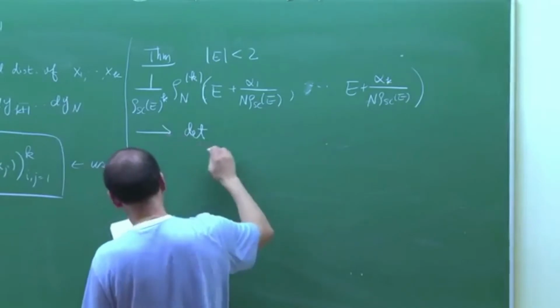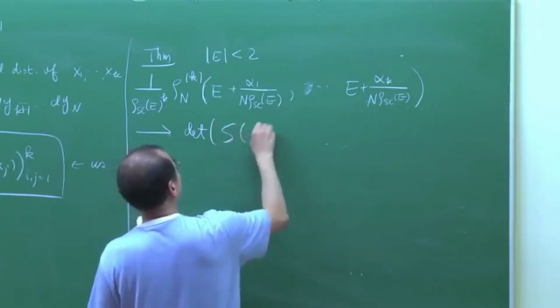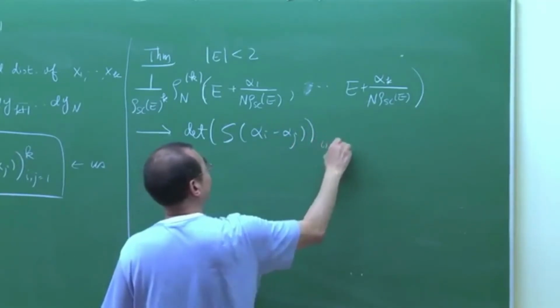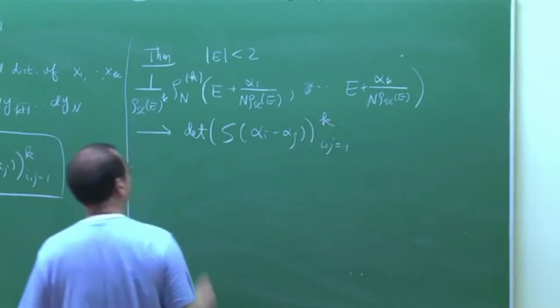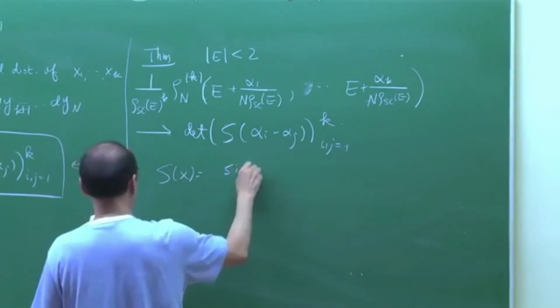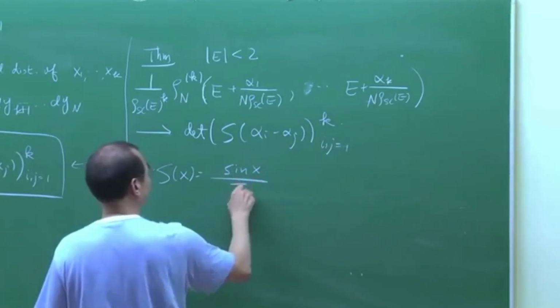This is actually weak convergence, of S(alpha_i minus alpha_j), i, j from 1 to k. And S of x is sine(pi x) divided by pi x.